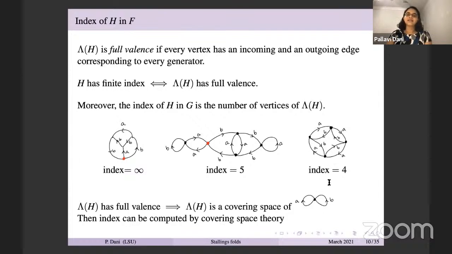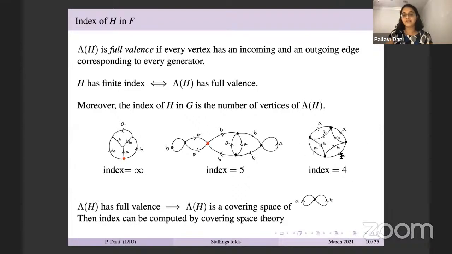The cover has to have the property that any vertex can be taken to any other vertex. In the setting of graphs, what it says is that any vertex can be taken to any other vertex by some label-preserving graph isomorphism.